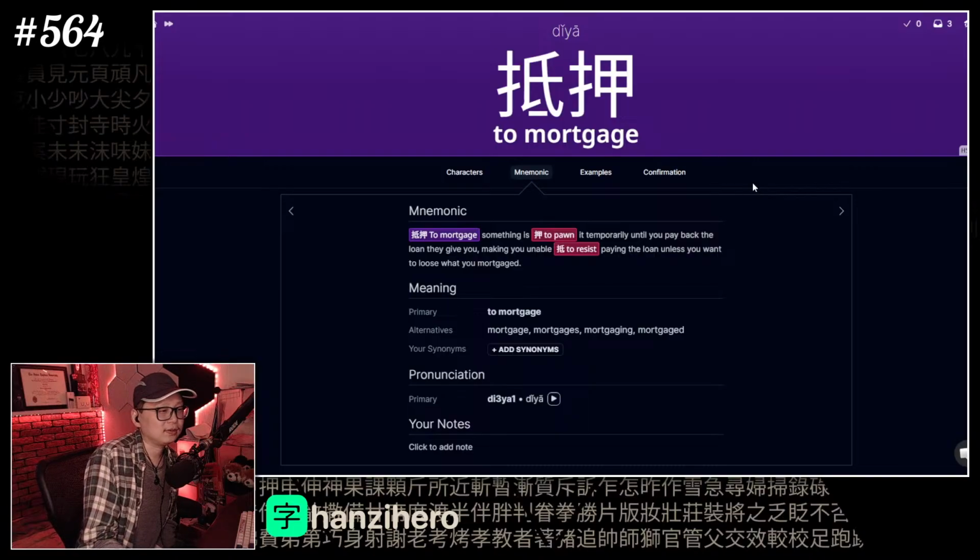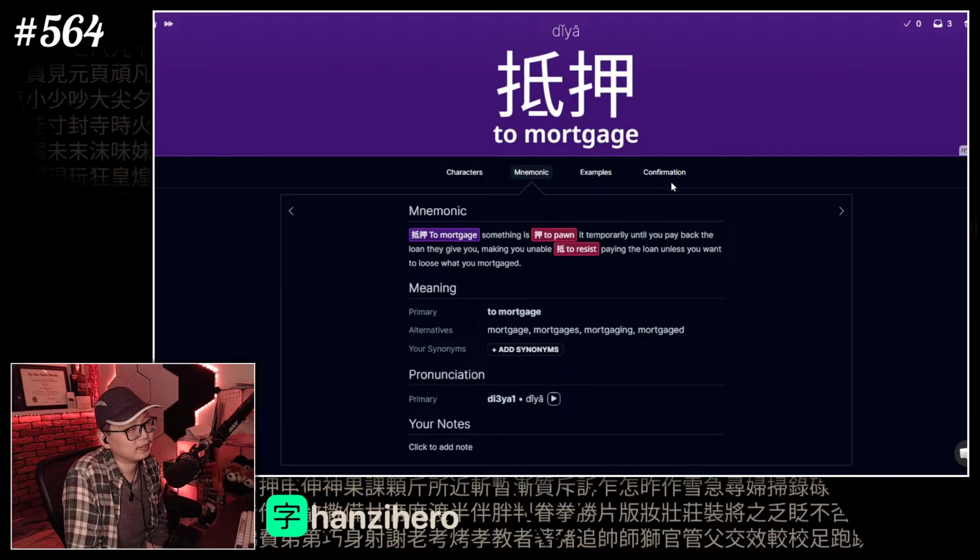Or you pawn off something temporary until you can pay it back. You're unable to resist, I'm gonna say. To resist being pawned is to prevent getting pawned, like resist pawning. Okay, to pawn is temporary until you pay it back, to mortgage something. Yeah, you're unable to resist paying.